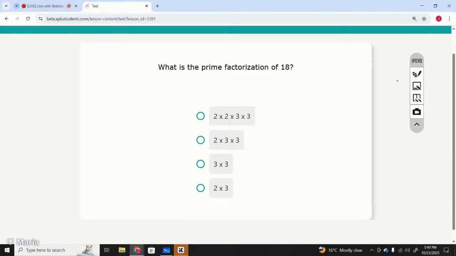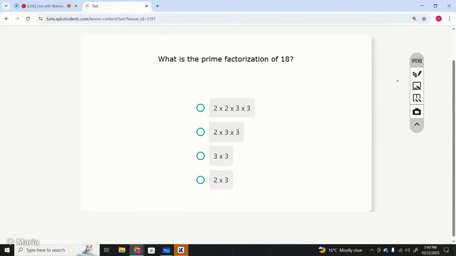What is the prime factorization of 18? 2 times 3 times 3. Option number 2 is the correct option.